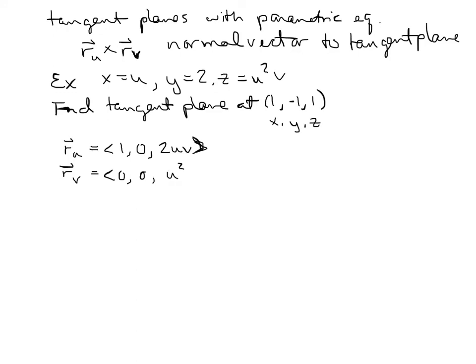And the last one, I get u squared. Now I'm going to cross them. The x component looks like it's going to be 0. The y component is going to be a negative u squared. And the z component is going to be 0.